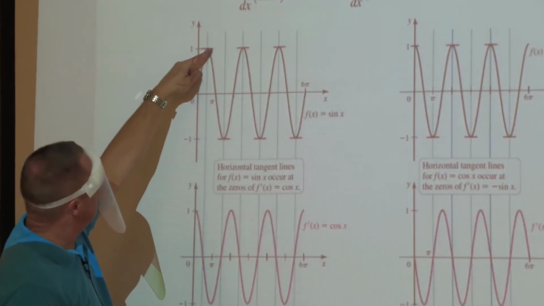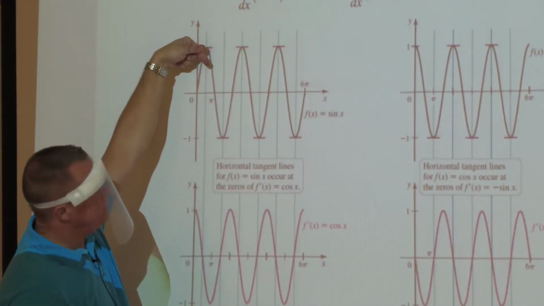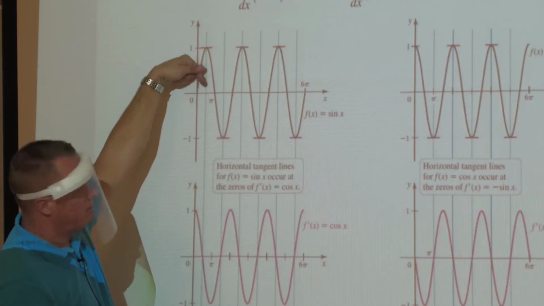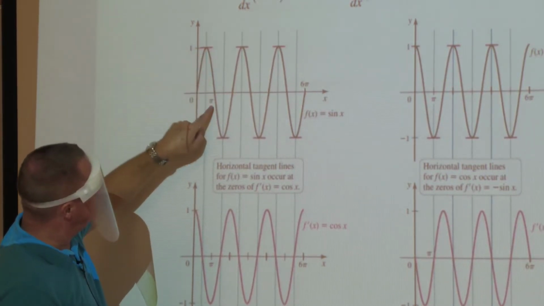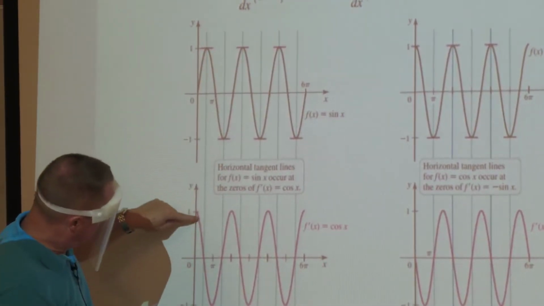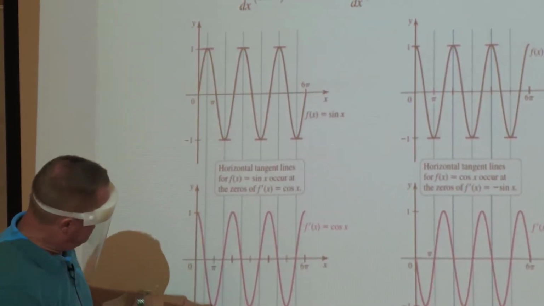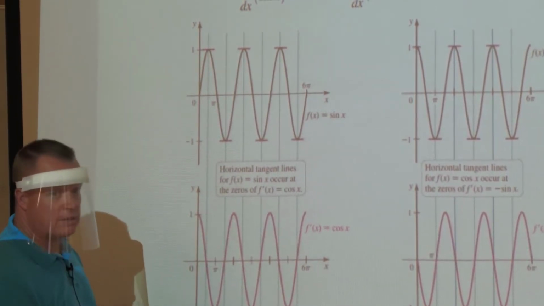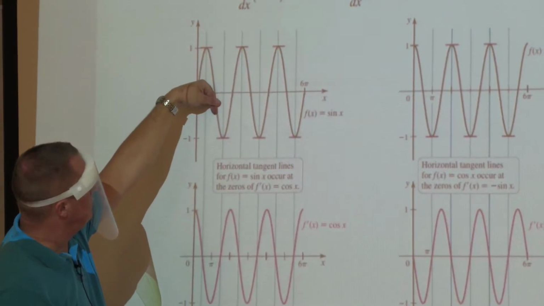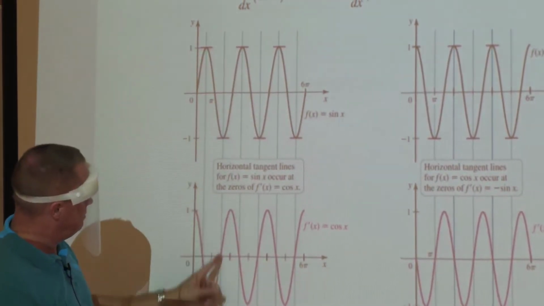When you get here and you start going this way, what's happening to your slope? The slope is negative, right? And it keeps getting steeper and steeper until it gets to here, where it's 0. So it's negative from here until there, then it's 0, then it starts being positive again. Okay, so if you go down here, you're going to have a positive slope, and so on and so forth.